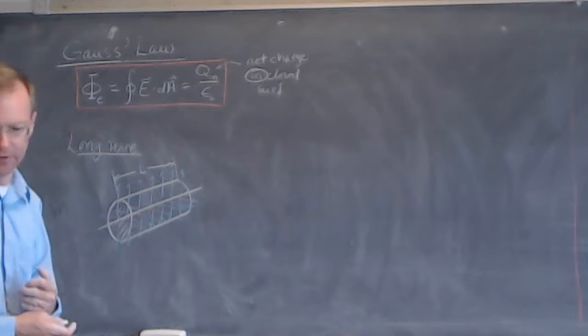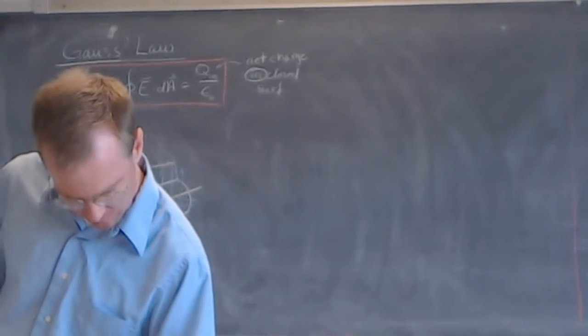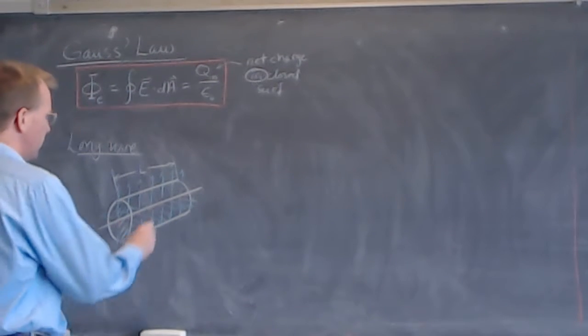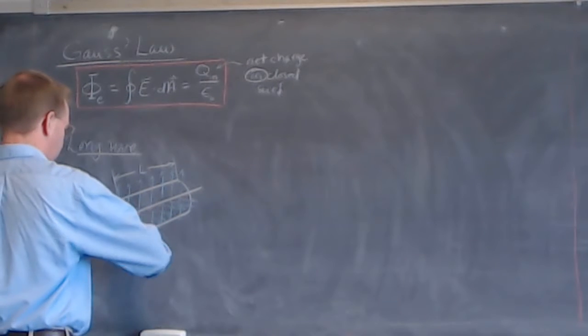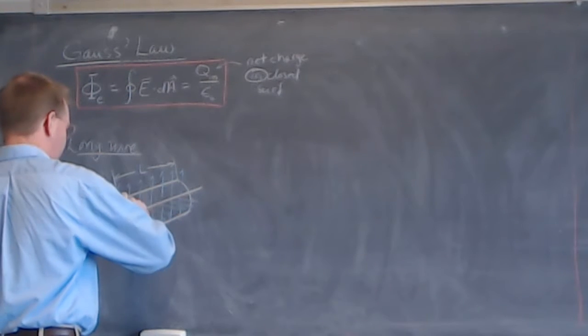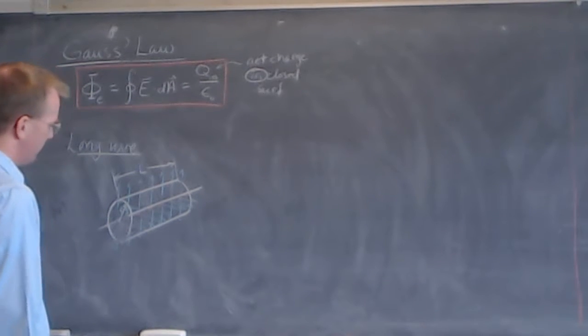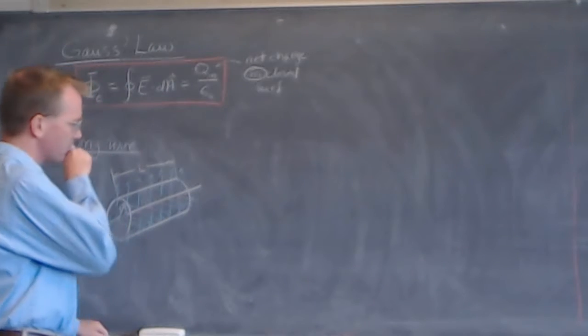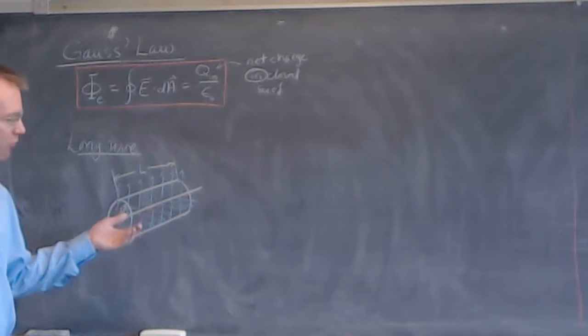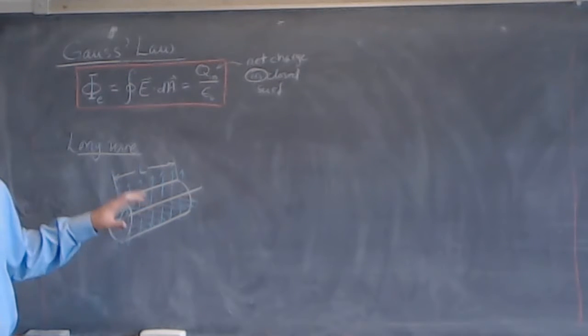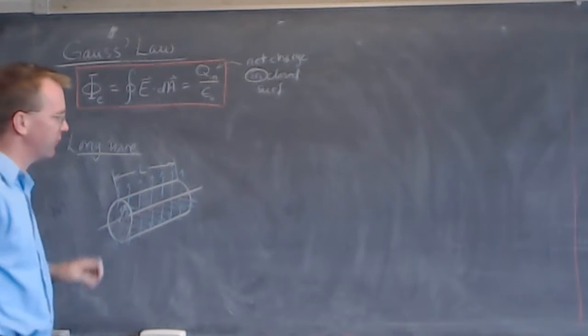And we can have a radius R. I guess I do need to draw the radius in. There's R. So we chose a Gaussian surface that matches the symmetry of the field lines. That was the importance of going over the symmetry.